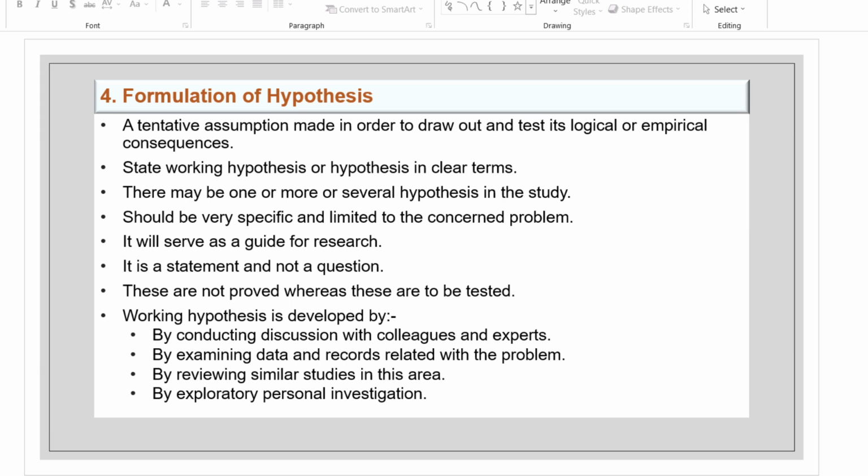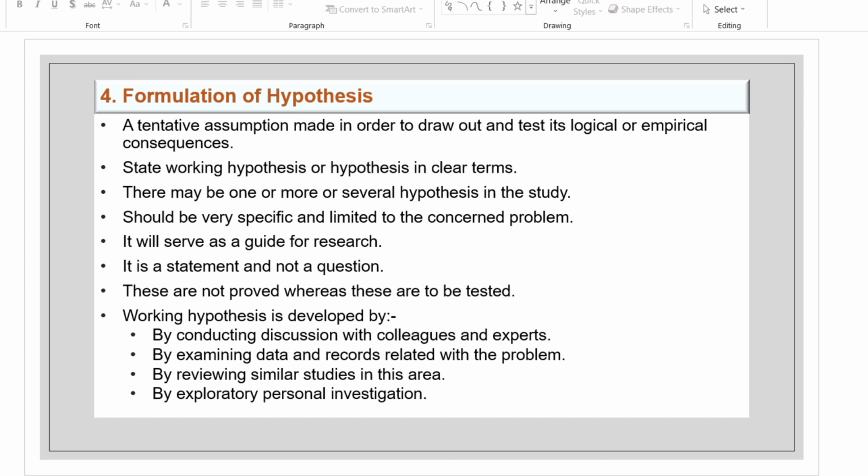The next step is formulation of hypothesis. A hypothesis is a tentative assumption that we must test. It is a tentative assumption made in order to draw out and test its logical or empirical consequences. It can be stated as a working hypothesis, or a hypothesis must be stated in clear terms.